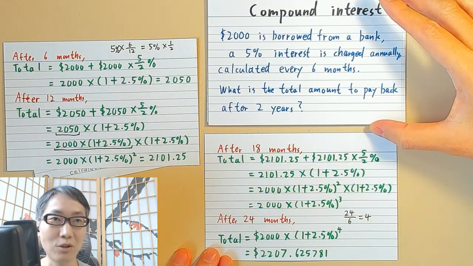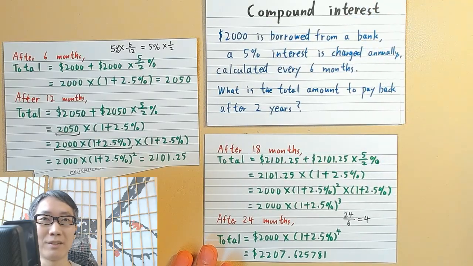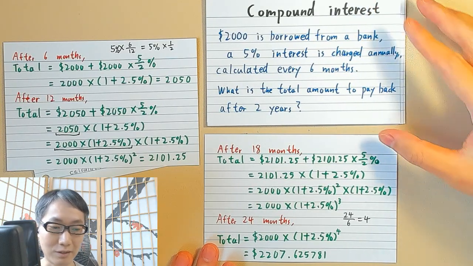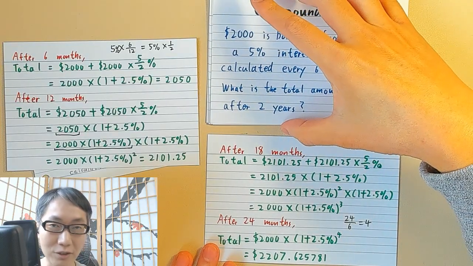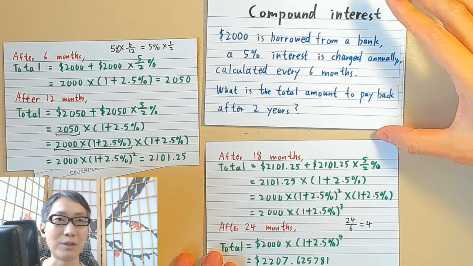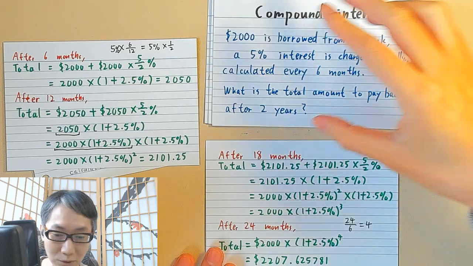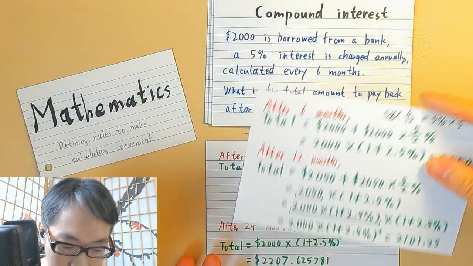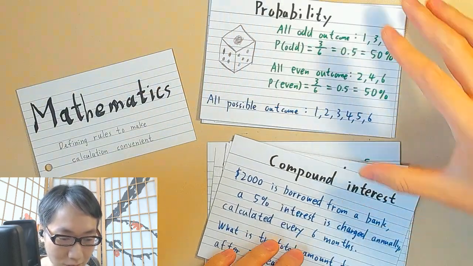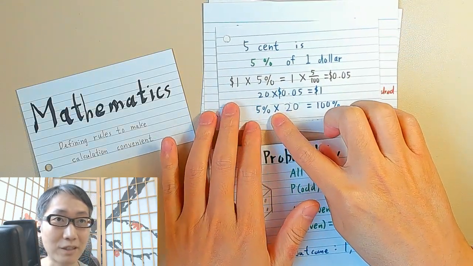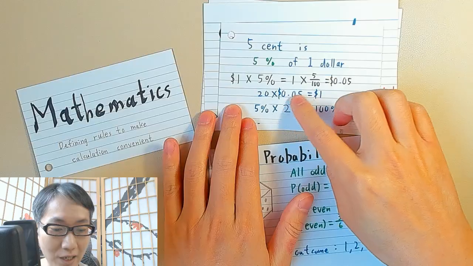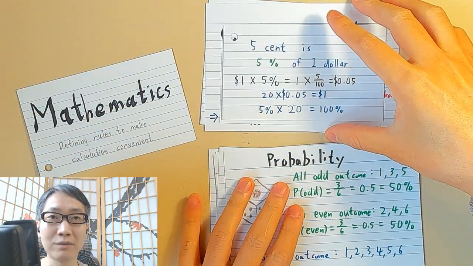So percentage has lots of applications, like discount, inflation, and interest. It can also be related to decimals. Here you see that 5% has the same numerical value as 0.05.